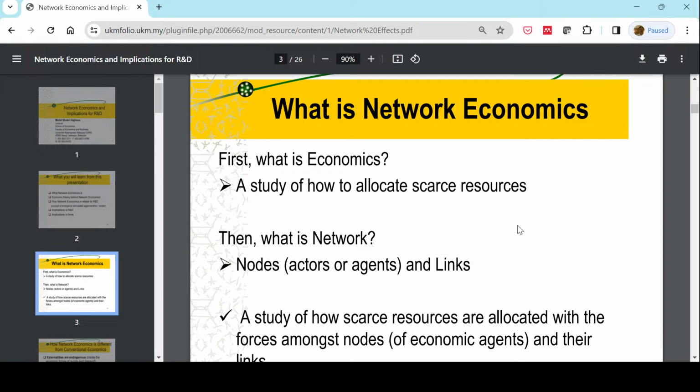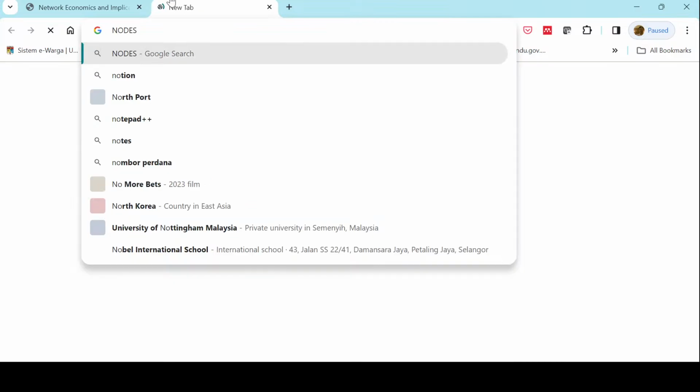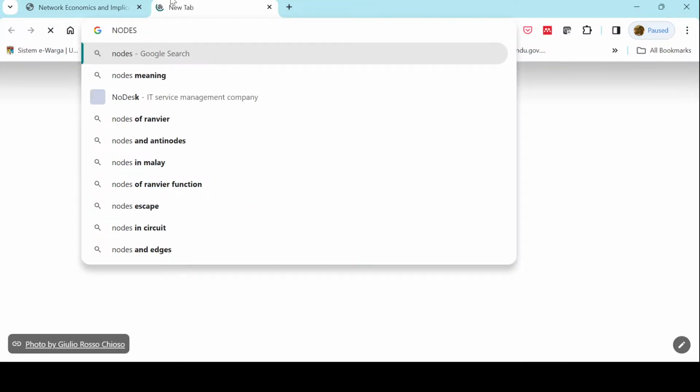First, economics is a study on how to allocate scarce resources. Then network, we have to understand network. What is network? It is, if I can show you here, nodes and links.